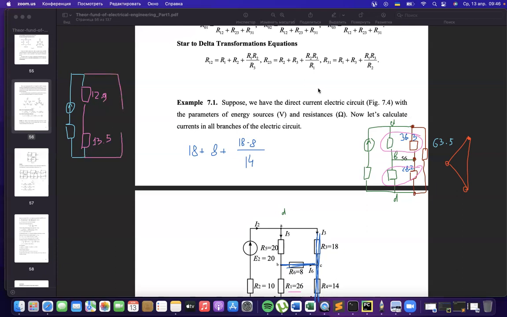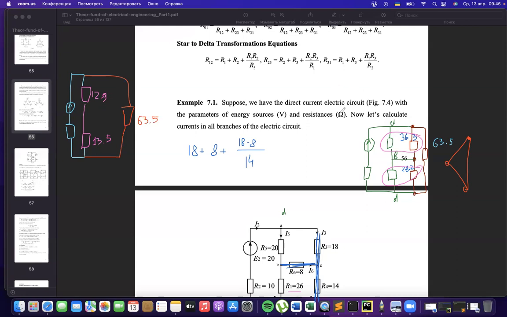And the last one, the previous resistor from the triangle, 63.5.